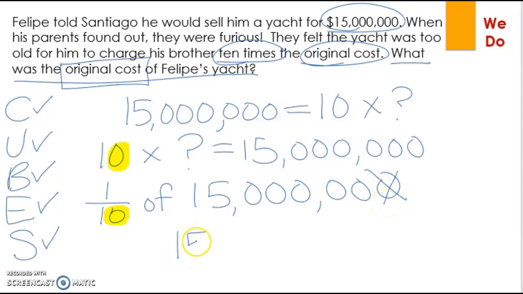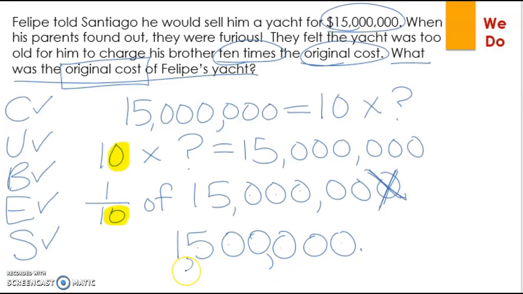So I'm going to write all the digits, 1, 5, 0, 0, 0, 0, 0. Because I'm looking for 1/10 of 15 million, so I'm not going to use this 0. There are 1, 2, 3, 4, 5. Now, from right to left, I'm going to count the ones, the tens, the hundreds, thousands, 10,000s, 100,000s, and then I'm going to put a comma here.